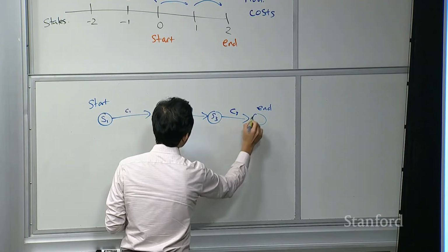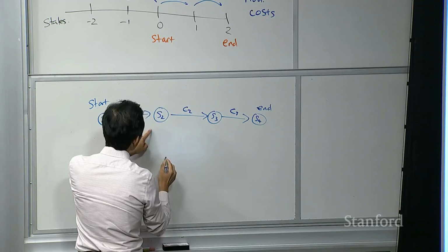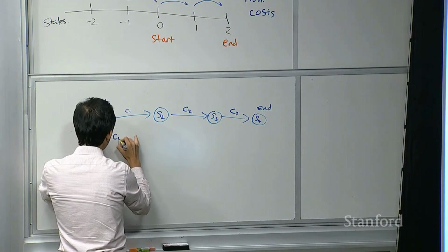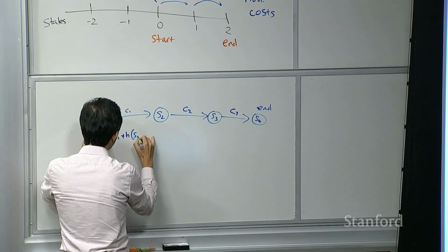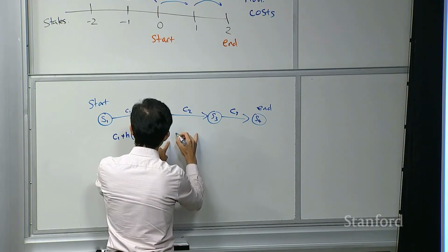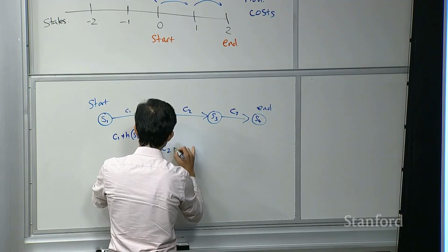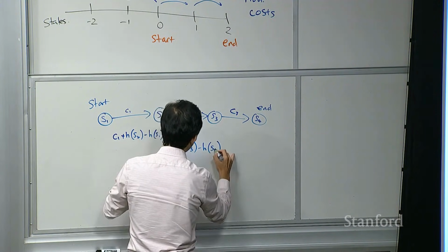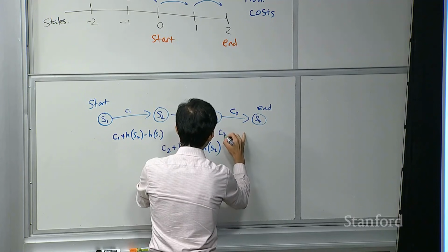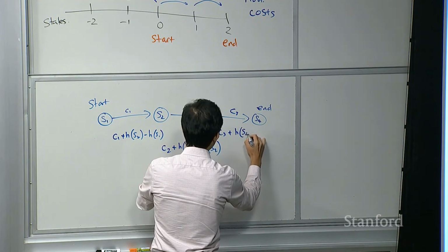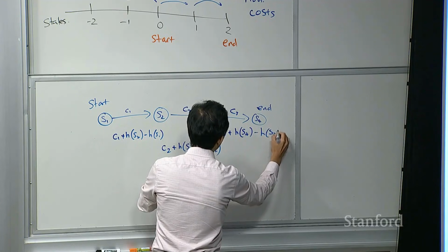Let's say this is S1, S2, S3, S4. The modified cost here is C1 plus H of S2 minus H of S1. And the modified cost here is C2 plus H of S3 minus H of S2. And the cost here is C3 plus H of S4 minus H of S3.